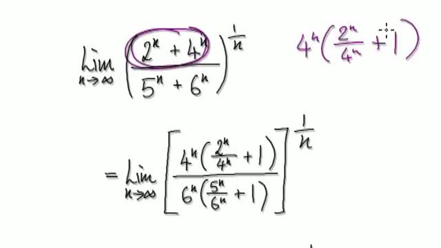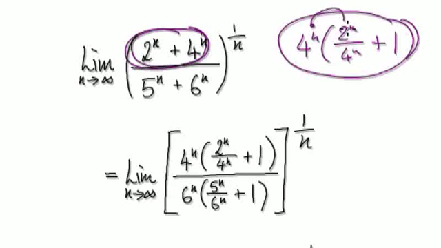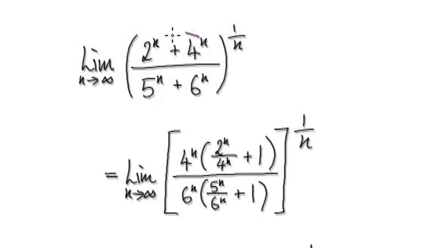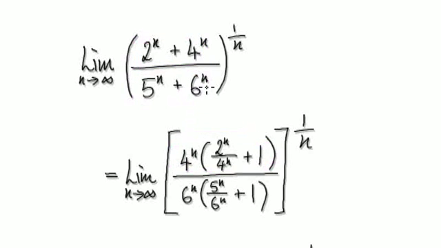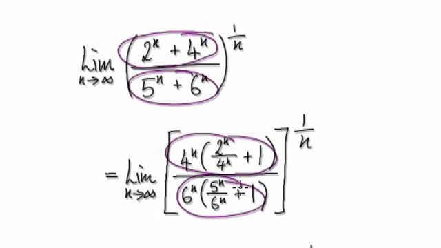Rewrite this as this, because if you multiply this with this, it will give you this. So this is just a trick. Then do the same for down here, but factorize out the 6 to the power of n. If you get this times this and this times this, it will give you this thing here. So basically rewrite this as this, and then rewrite this as this.